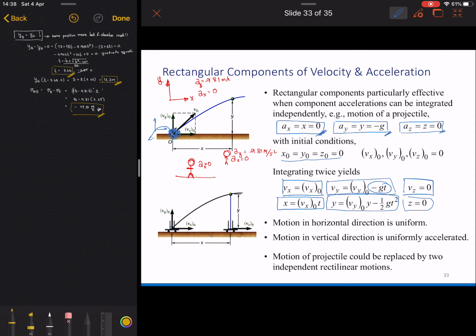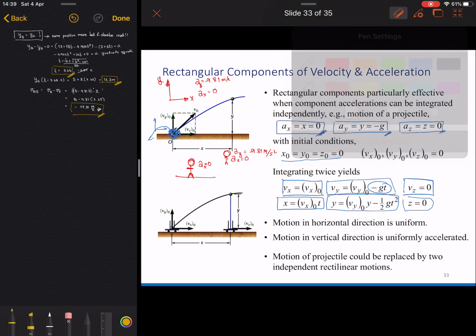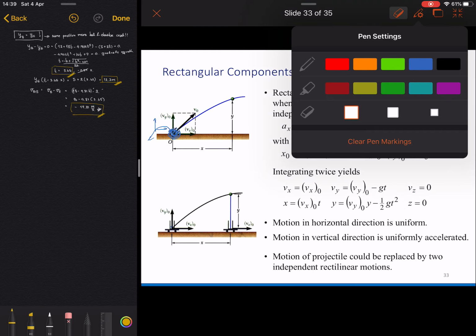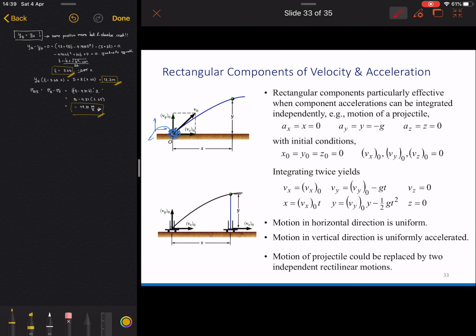So in conclusion, I would just erase what is not important. Here is what I highlighted for you. You have to understand why ax is equal to 0 and ay is equal to minus g.